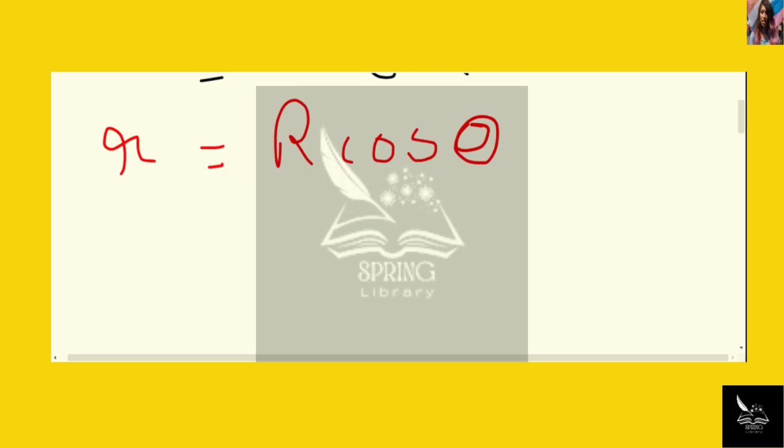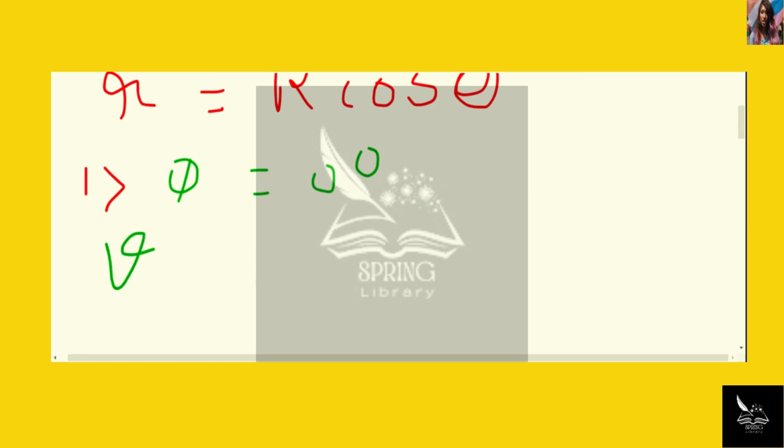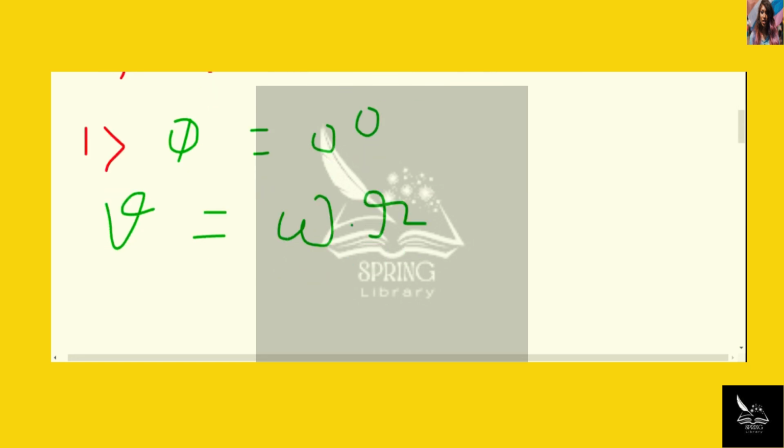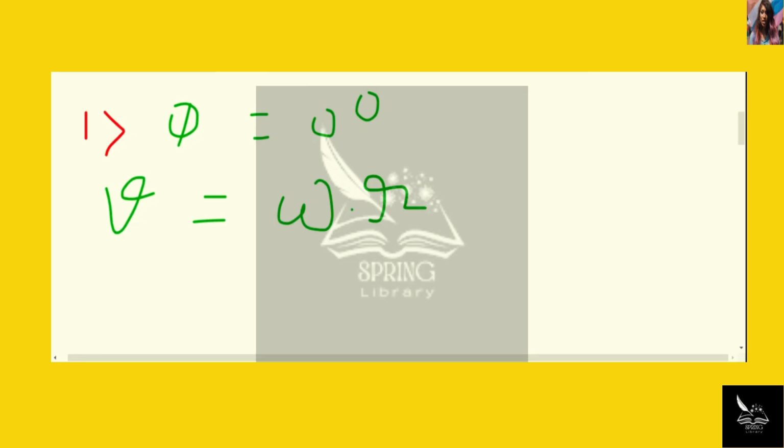Now, moving further, let's calculate this radius at the equator. We know at the equator the latitude is 0 degrees, so I can write phi will be equivalent to 0 degrees. So V will be equivalent to omega times r.